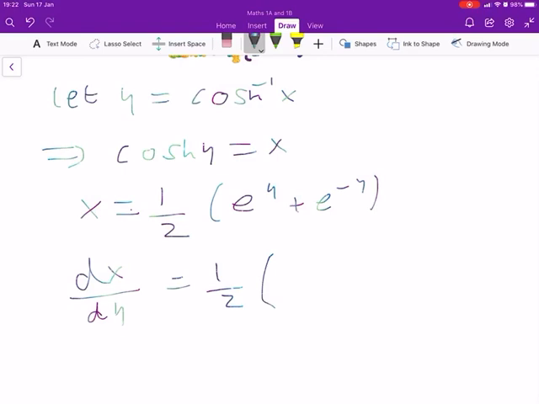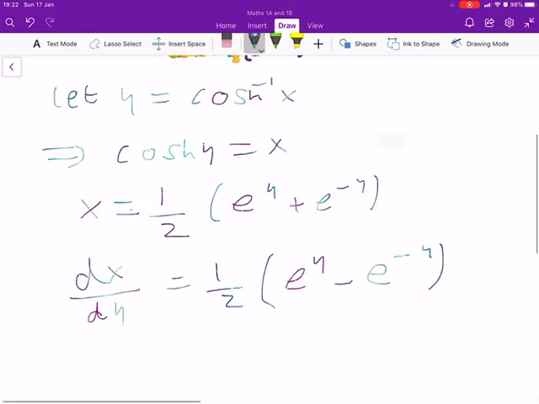Now differentiating the inside terms, d/dy of e to the y, we're just going to get e to the y back. And this time, we have a minus sign right here, so we're going to move that in front of the e when we differentiate. So we're going to be left with minus e to the minus y.